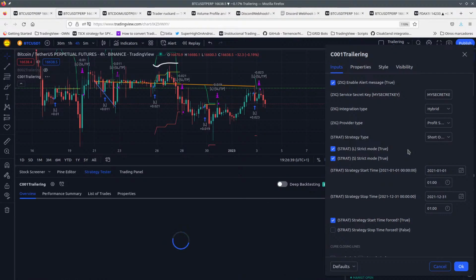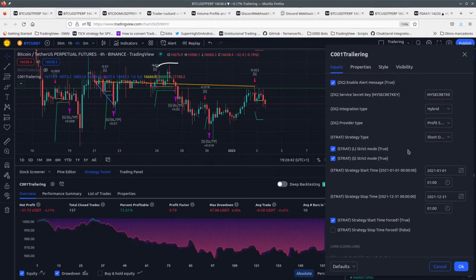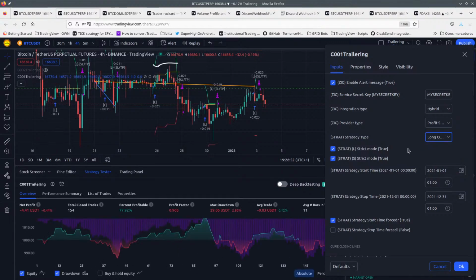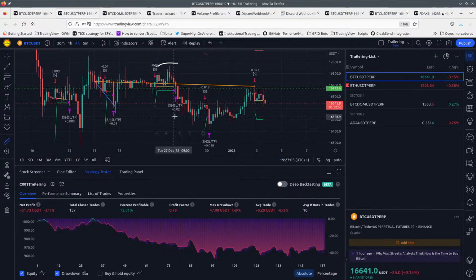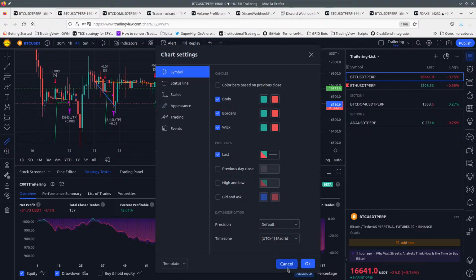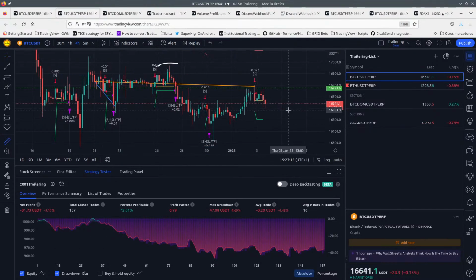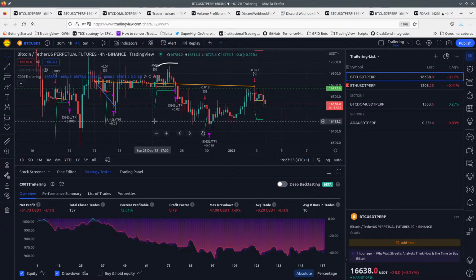What about short only? Look at this. Here we have some movement.